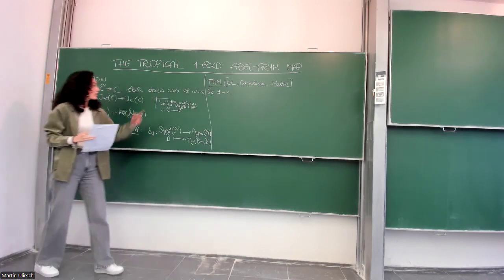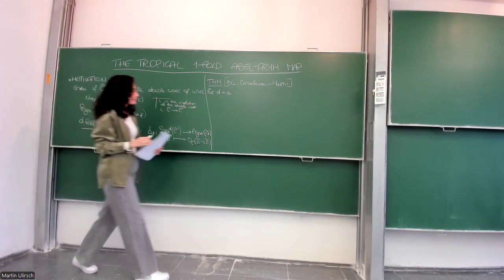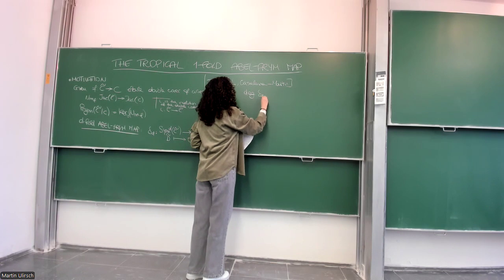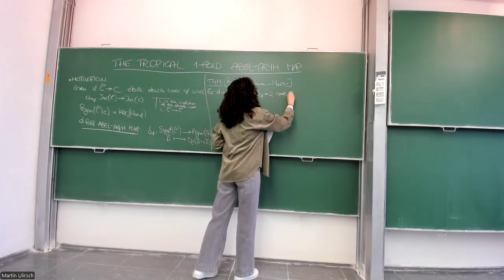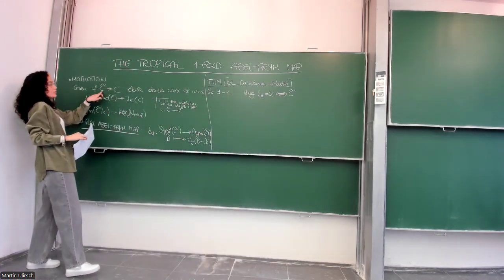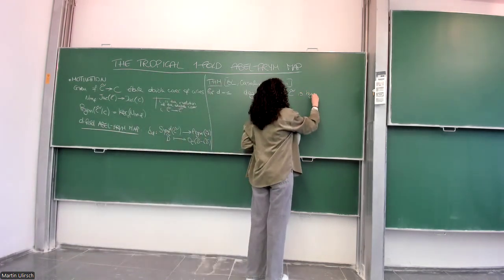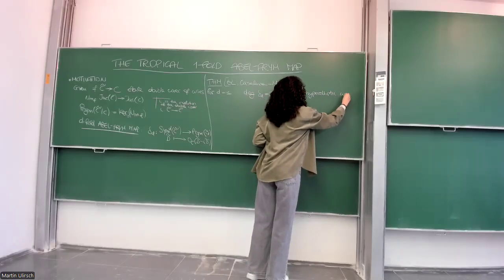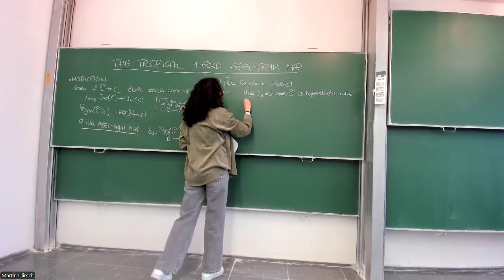If we consider the one-fold case, so where d equals 1, the degree of this map is 2 if and only if the source curve, so the double cover, is a hyperelliptic curve. And it is injective otherwise.